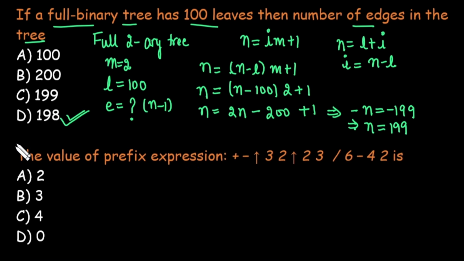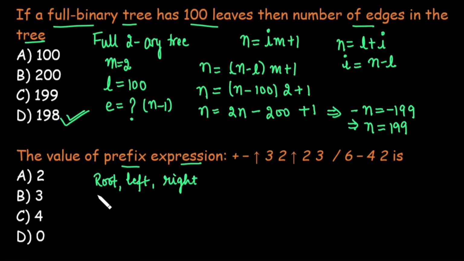Taking the next case, what is the value of prefix expression? Prefix expression means it is traversed in the form of pre-order. In pre-order, we have root first, then left, then right. And whenever we have this expression, you need to remember one more thing.